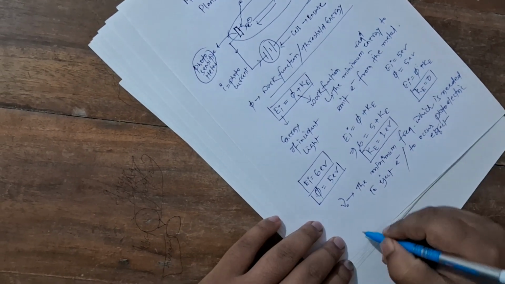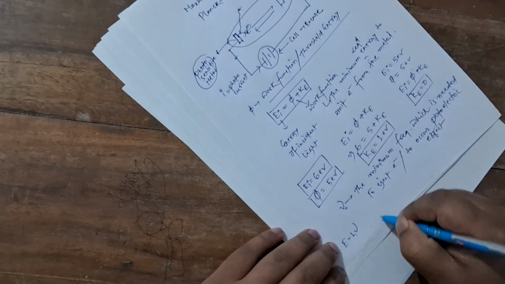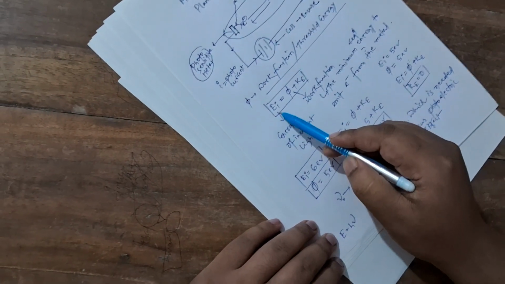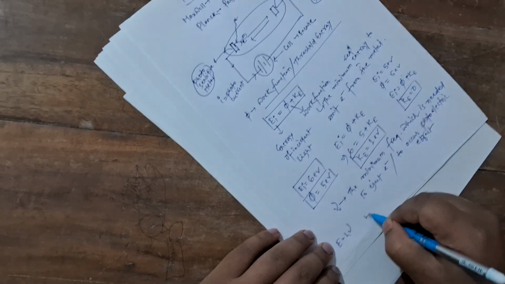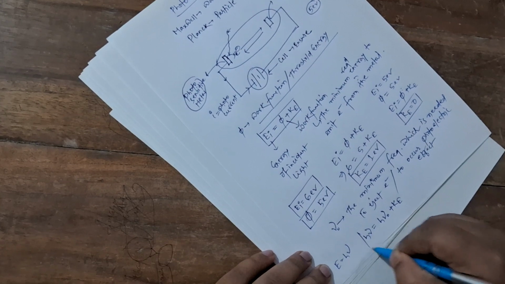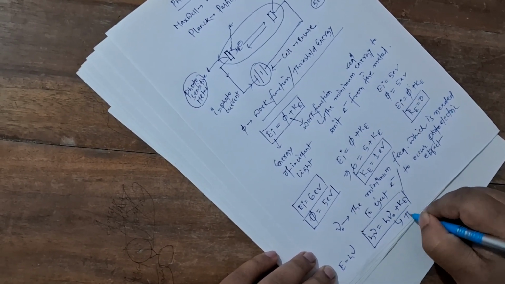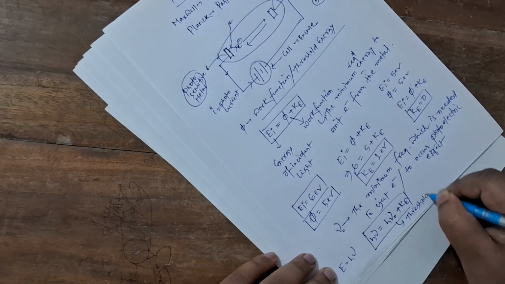As we know from Planck's quantum theory, energy is equal to what? H nu. So we can write from the photoelectric equation H nu equal to H nu naught plus kinetic energy. This nu naught is what? Threshold frequency.